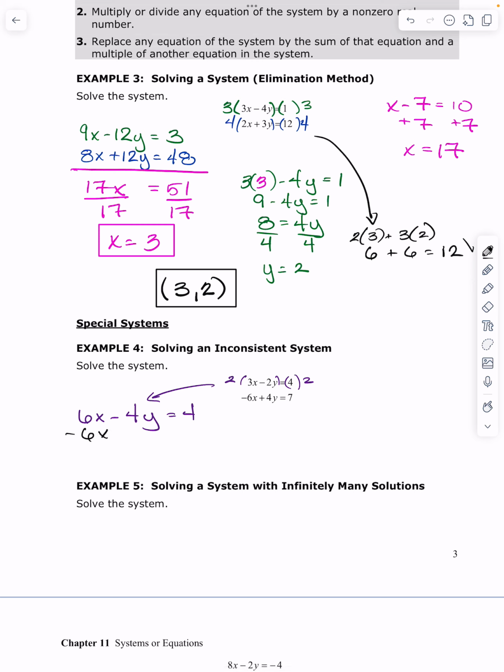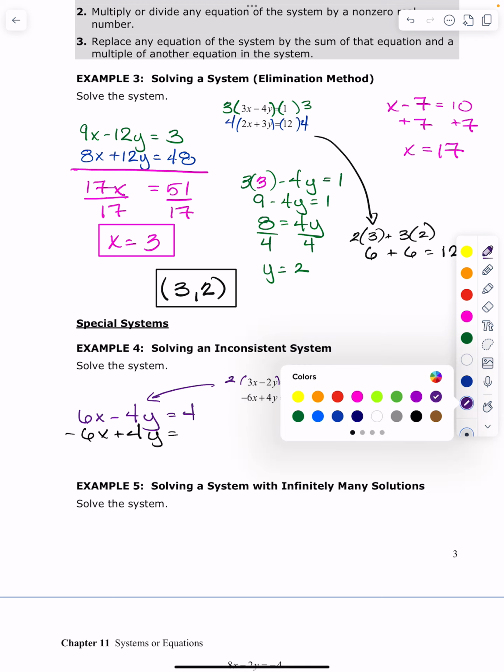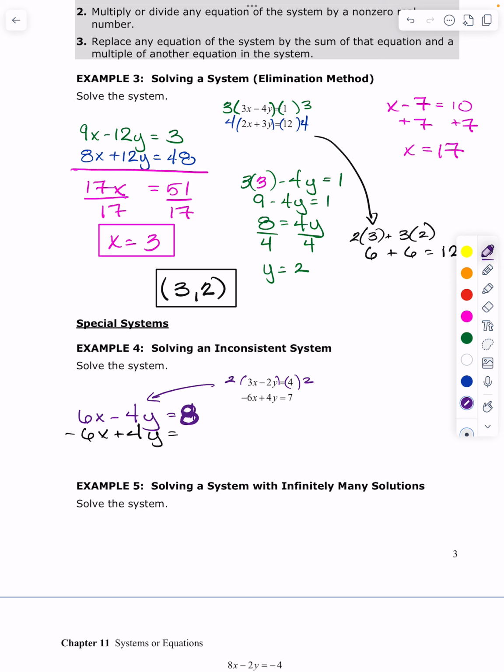Negative 6x plus 4y, darn it, equals 8 up there, sorry. Sometimes you just have to look at it to know you did something wrong. Negative 6x plus 4y equals 7.